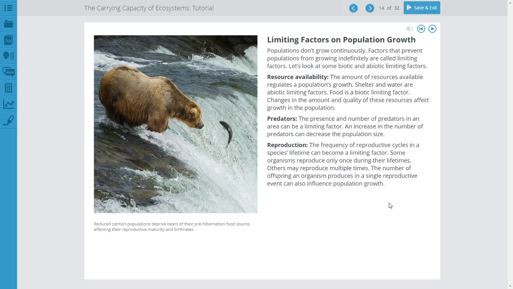If the number of predators goes up, the number of prey goes down. If the number of predators goes down, the number of prey goes up. If the number of prey goes down, the number of predators goes down, and then the number of prey goes up, and then the number of predators goes up. But that is a limit. If the number of prey species goes down, the predators run out of food, and guess what? Their numbers go down, and it's just a constant thing.